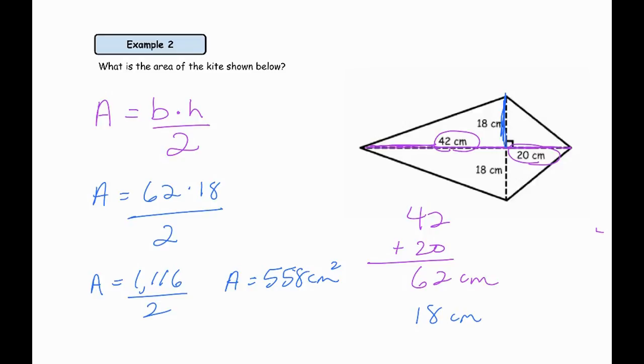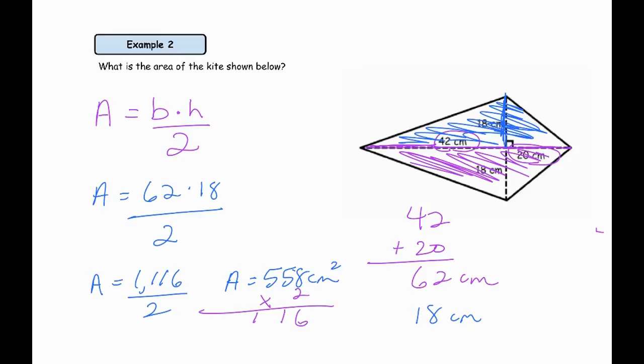And so I can see that if the top triangle's area is 558 centimeters squared, then the bottom triangle, the one below, is also the same area. So I'm going to go ahead and multiply that amount by 2. And we can clearly see that we get 1,116 centimeters squared for the area of the kite.